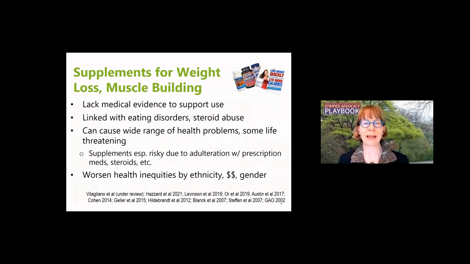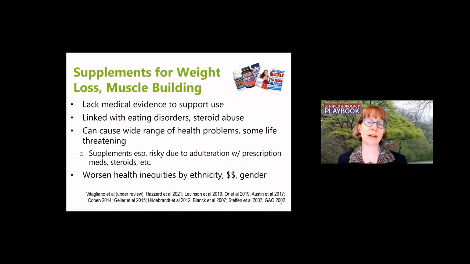I'm folding that in here because the sale of the weight loss supplements and the muscle building supplements both prey on body image issues for young people especially, or people of all ages. So that's why we bring them together. These products, even though they're available anywhere, including at your trusted pharmacy, lack medical evidence to support their use. And they have been linked with eating disorders and steroid abuse.